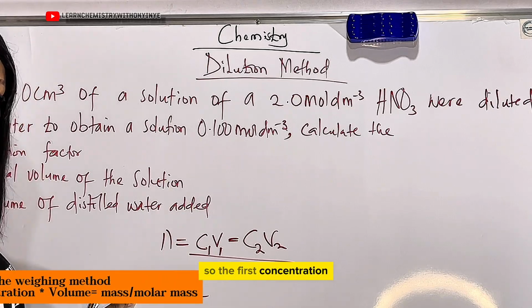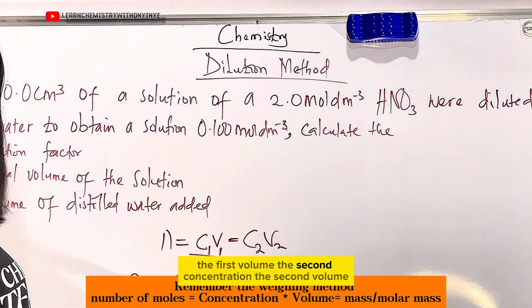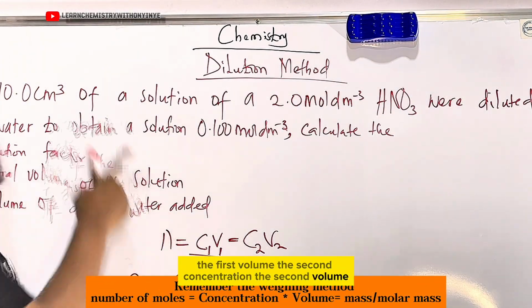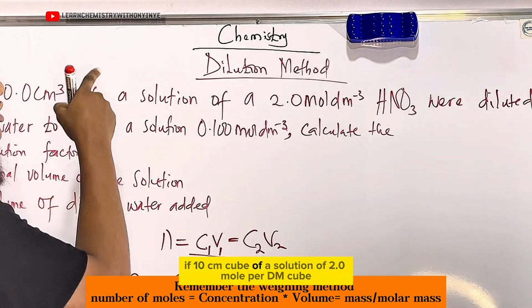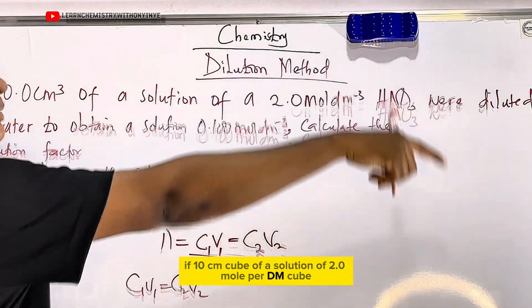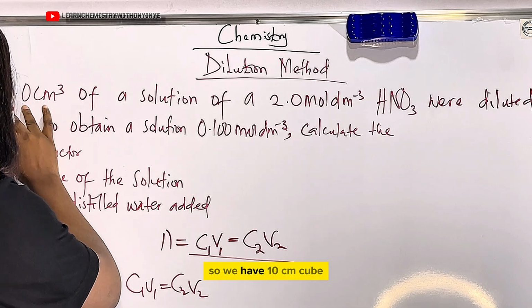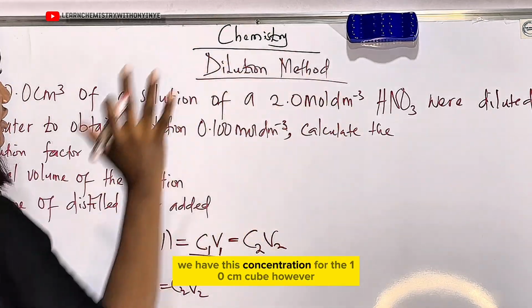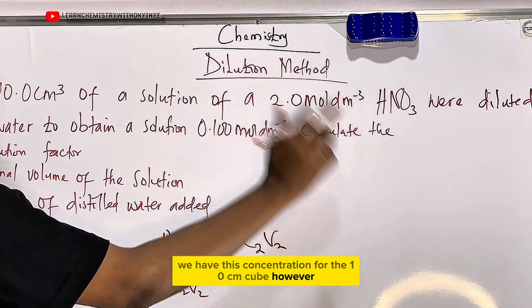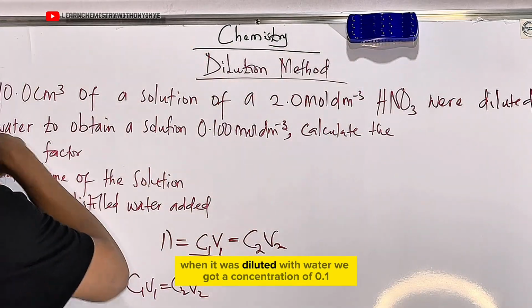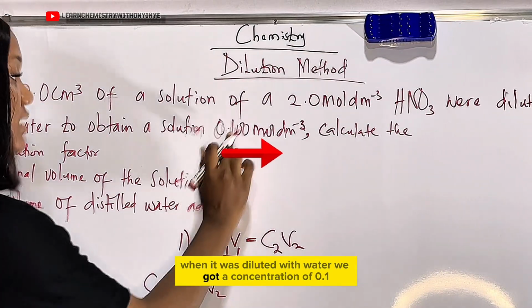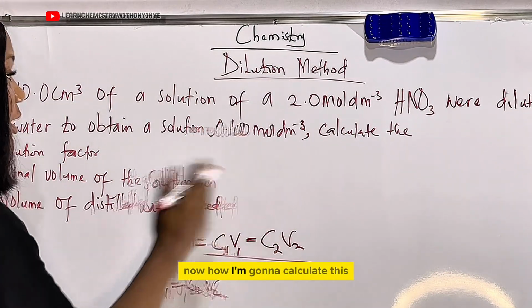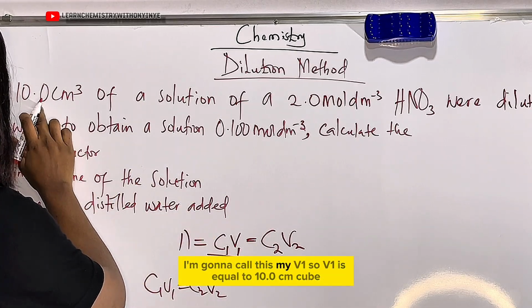So the first concentration, the first volume, the second concentration, the second volume. Now, the question says if 10 cm cube of a solution of 2.0 mole per dm cube. So we had 10 cm cube with this concentration. However, when it was diluted with water, we got a concentration of 0.1. Now, how am I going to calculate this? I'm going to call this my V1.